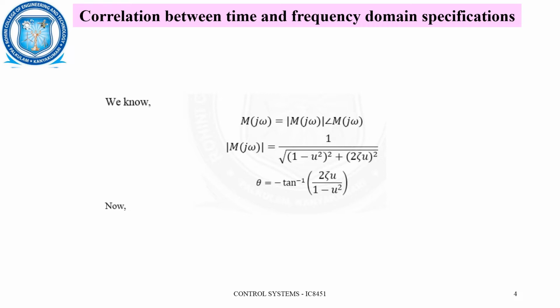The angle theta is minus tan inverse of 2 zeta u divided by 1 minus u square. The 2 zeta u term is the imaginary part and 1 minus u square is the real part. The angle is negative because the complex term is present in the denominator.